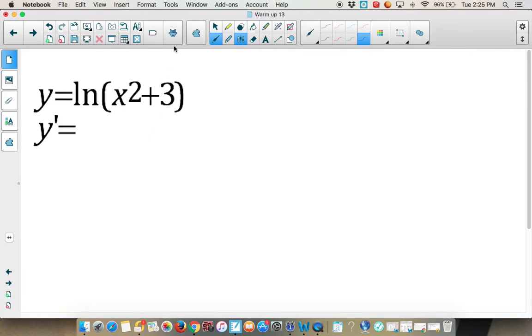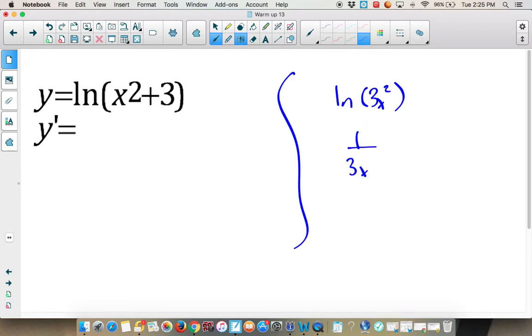So I'm just going to break this up and say I want to do ln of 3x squared. That's going to be 1 over 3x squared, but we also have to take the derivative of the inside, which is 6x, and so that reduces to 2 over x.